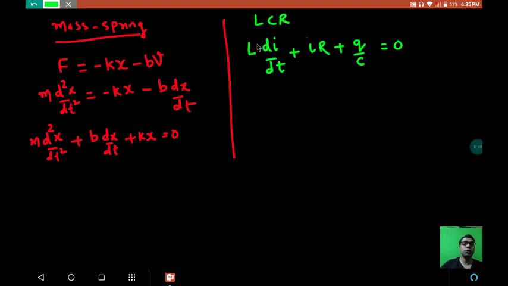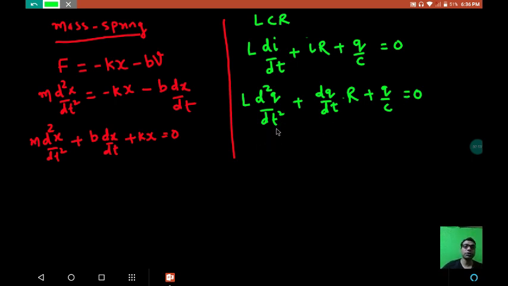In terms of Q we can write it as L d2q by dt square plus dq by dt into R plus Q by C. So this is the differential equation in terms of the LCR, and the other is the differential equation for the mass spring. Now we have to compare these two equations term by term.